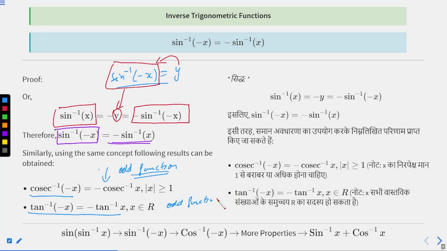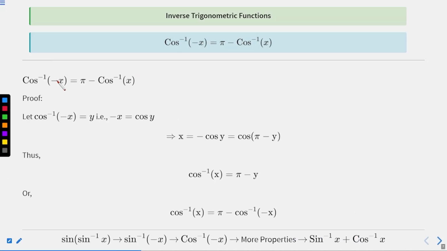Now let's move next. Cos inverse of minus x will be what? Pi minus cos inverse x. Let's prove it. We will start with the left hand side, putting it equal to y, and we know that y must belong to the principal value branch, which is the closed interval 0 to pi.